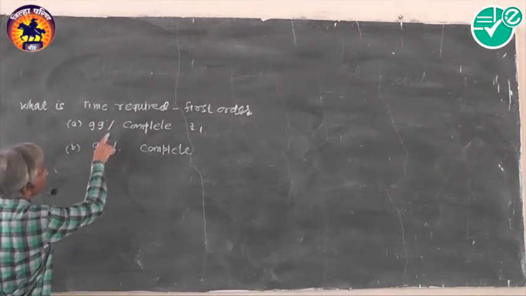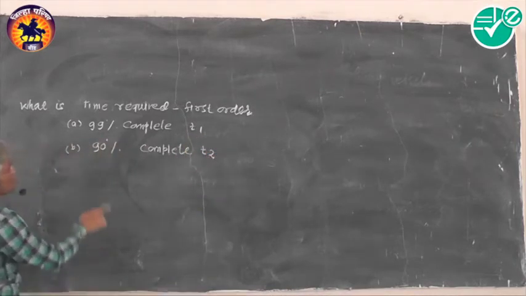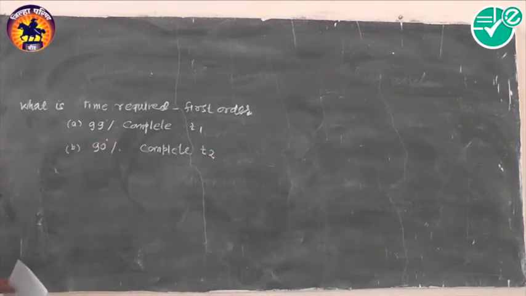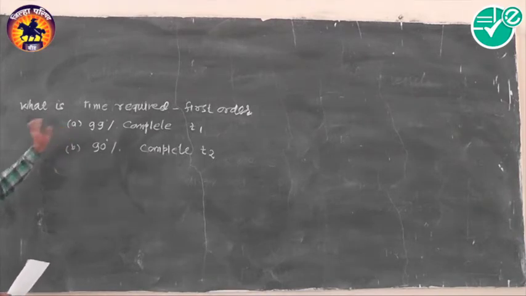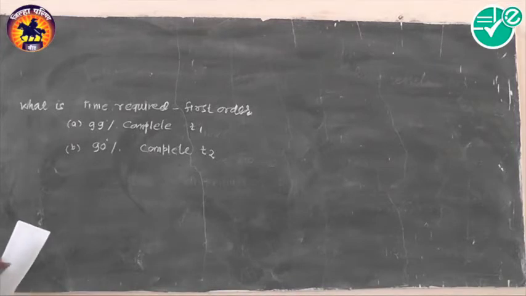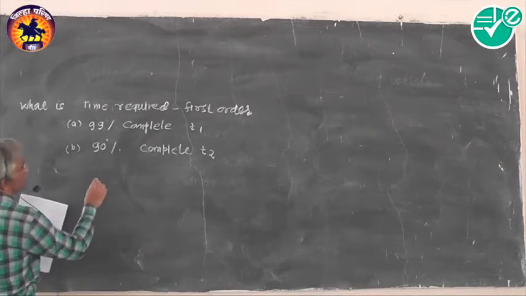Let the time required for 99% completion be T1 and this be T2. Again, remember in whose comparison they have asked. They have asked in comparison of this with respect to this, not this irrespective of this. Sometimes this may confuse you. Now write the first order reaction, and they are asking you for comparison of time.